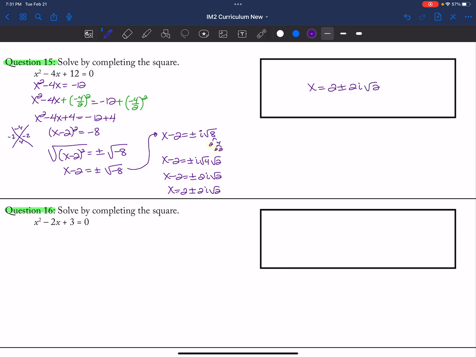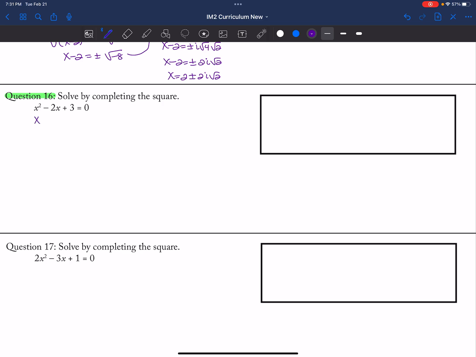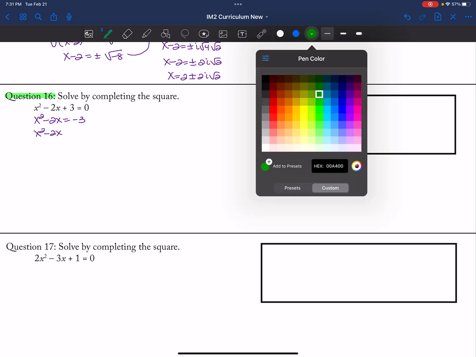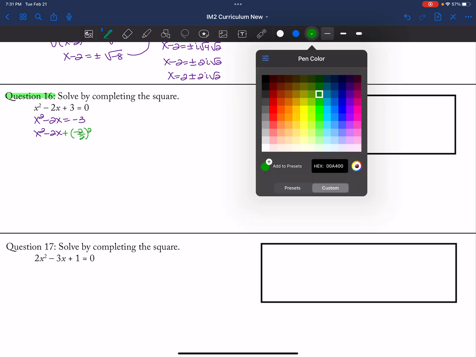Okay, all right. So now, subtract 3. Minus 2x is equal to negative 3. So then I have x squared minus 2x, and then I'm adding negative 2 over 2 squared to both sides.